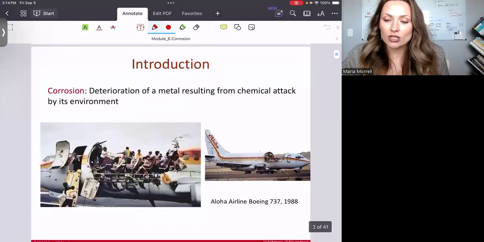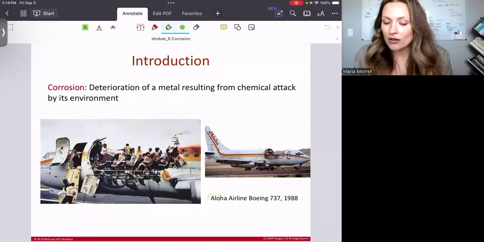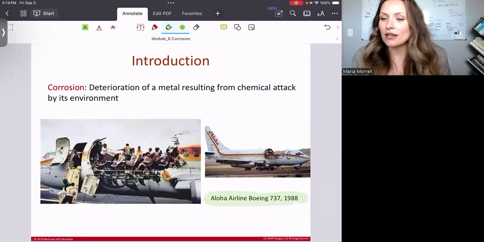Today, as part of the introduction, I would like to tell you about the Aloha Airlines Boeing 737. This is an event that took place in 1988. Just to visualize for you what exactly happened, on the left picture, you see the plane as it just landed. You can clearly see that decompression occurred and a major portion of the plane was gone.